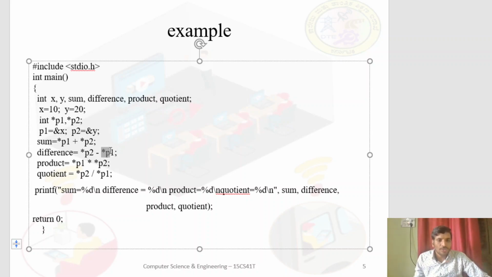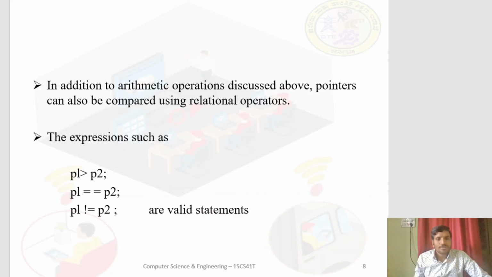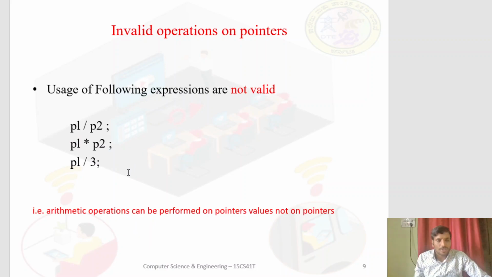So here star p1, star p2, these are all values that we are placing. So this is equivalent to p2 means 20 minus 10. But on pointers, we cannot apply the division operator or the multiplication operator.